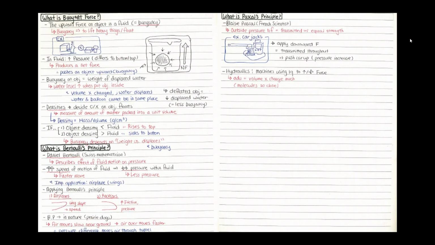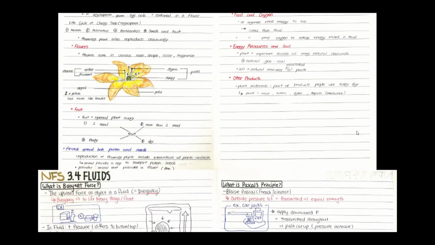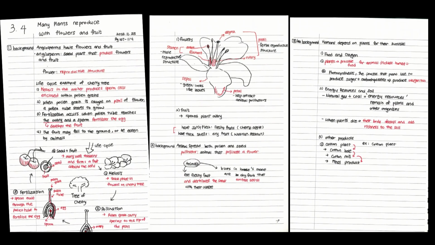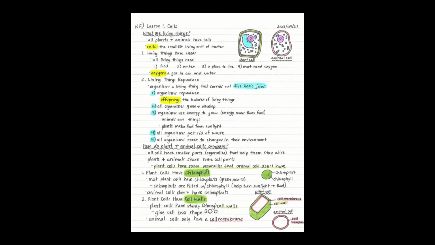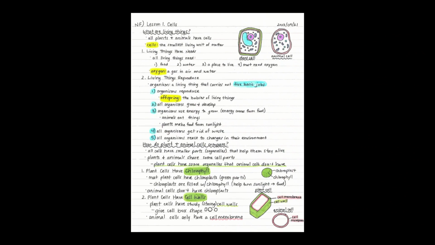So it really depends on what you like and what you'd like to do, but your notes should be somewhat similar to this. If your book has subheadings in it, which all of your NF books definitely do, then you definitely need to be writing the subheadings that are listed in your book.